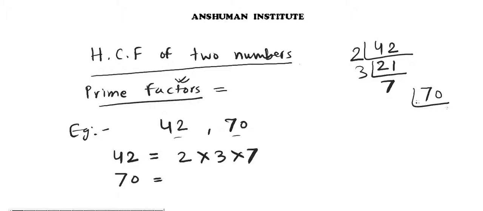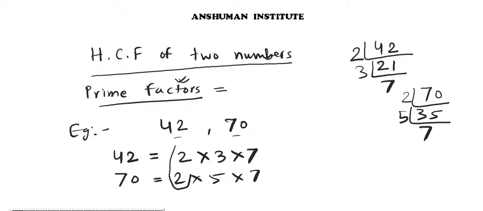And for 70, 2, 5 and 7 are the prime factors. Now we will find the common factors. So 2 is common and 7 is common.